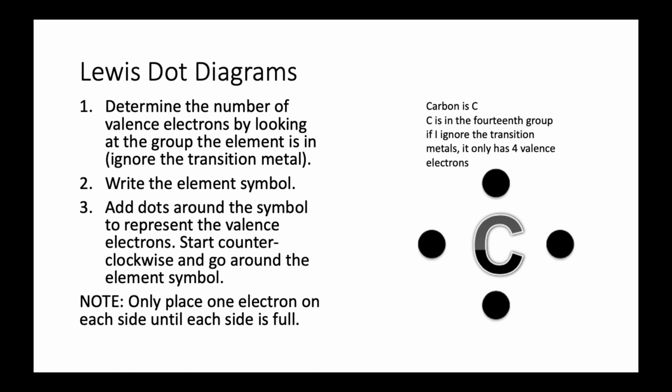So let's look at carbon. Carbon is in the 14th group. But remember, we need to ignore the transitional metals. So that means carbon has 4 valence electrons. So we write the symbol C, and then I place 1, 2, 3, 4 dots around each side to represent the 4 valence electrons.